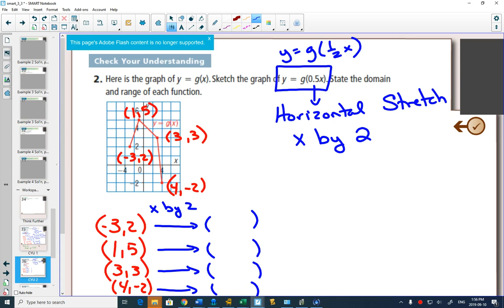Well, (-3, 2) is going to become (-6, 2). (1, 5) becomes (2, 5). (3, 3) becomes (6, 3), and finally (4, -2) becomes (8, -2).